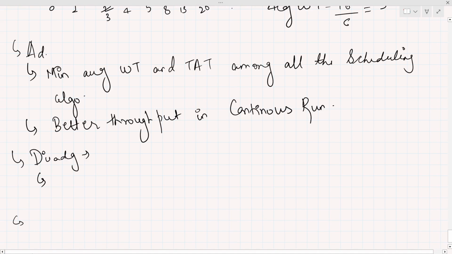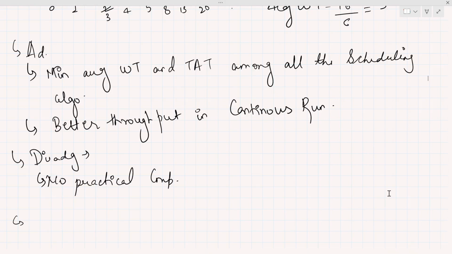The disadvantage is that there is no practical implementation of this algorithm. This algorithm is used nowhere. Why? Because of its burst time.